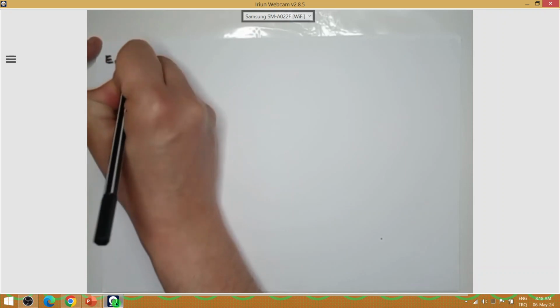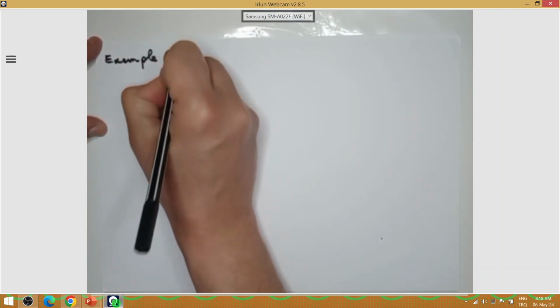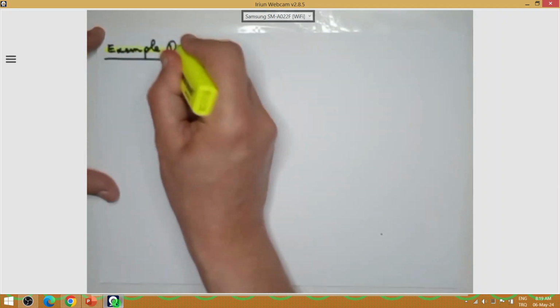I will highlight example 1. In note 1 we spoke about system, boundary, and surroundings. So we will see this in a picture.